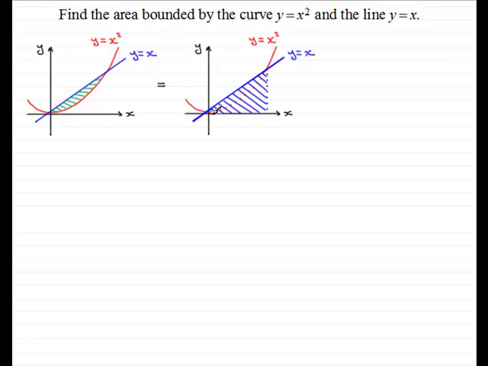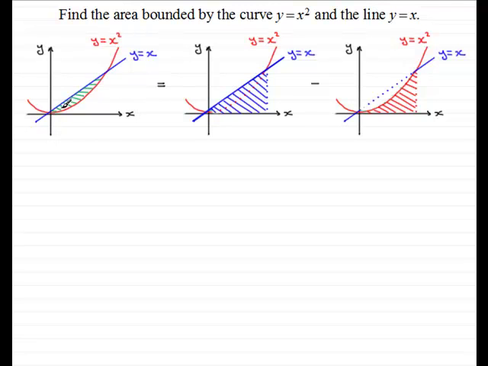You'll see we get this triangle that I've shaded in blue. After that, I'm going to subtract the area below the graph of y equals x squared, the area I've shaded here in red. If I remove this red area from the blue area, I get the green area.